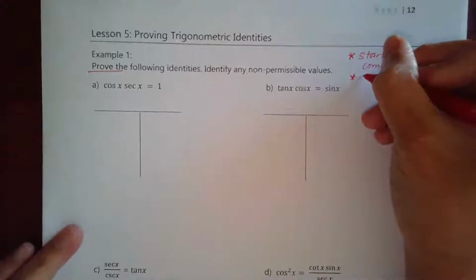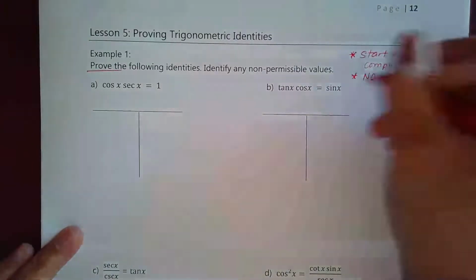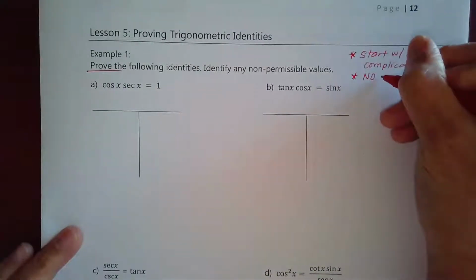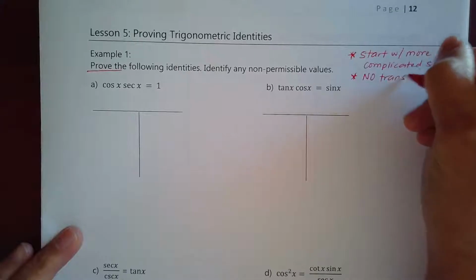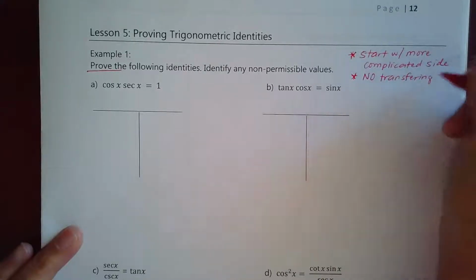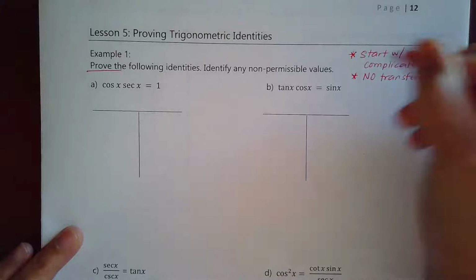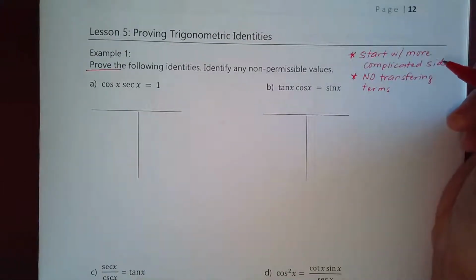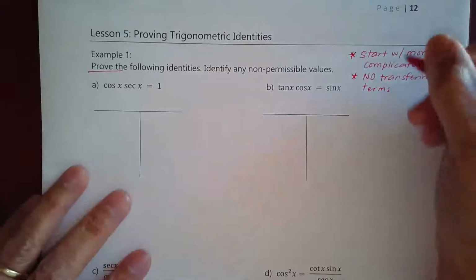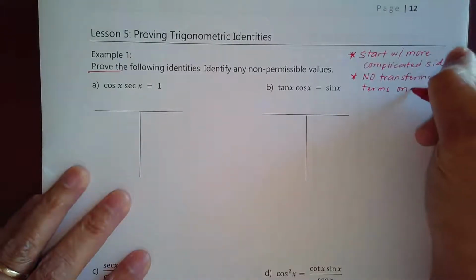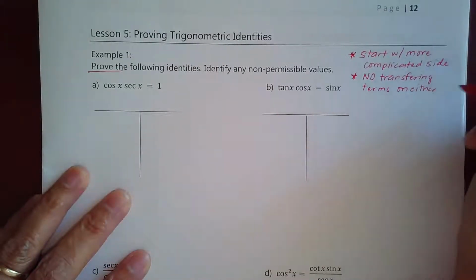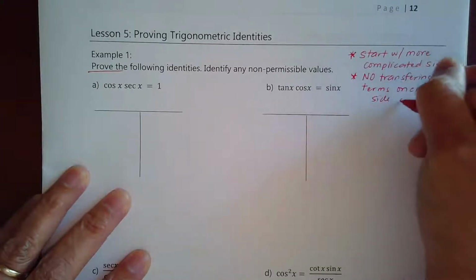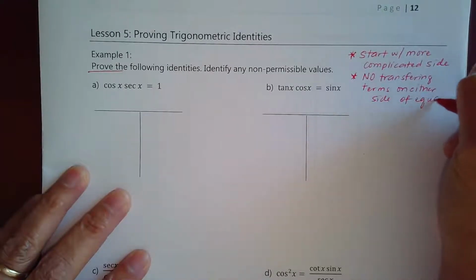So there is no transferring of terms on either side of the equation.